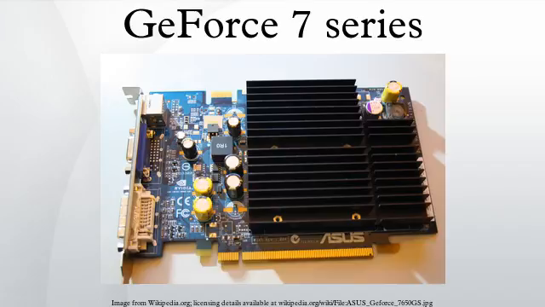The GeForce Go 7 GPU series lineup consists of the following models: GeForce Go 7950, GeForce Go 7900, GeForce Go 7800, GeForce Go 7700, GeForce Go 7600, GeForce Go 7400, GeForce Go 7300, GeForce Go 7200, GeForce 7150M/nForce 630M, GeForce 7000M/nForce 610M.